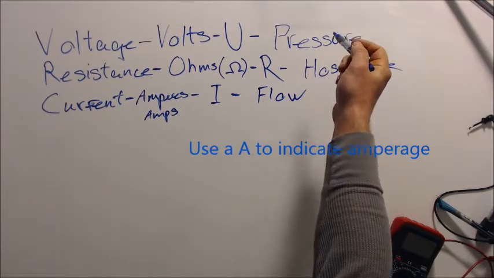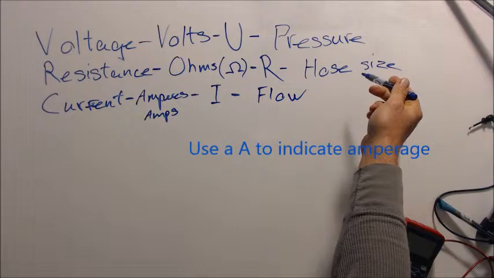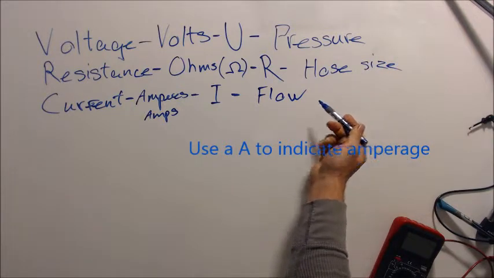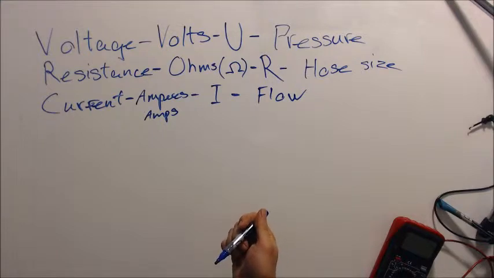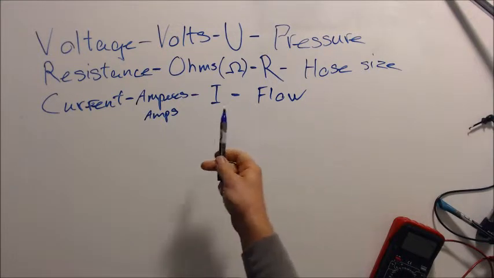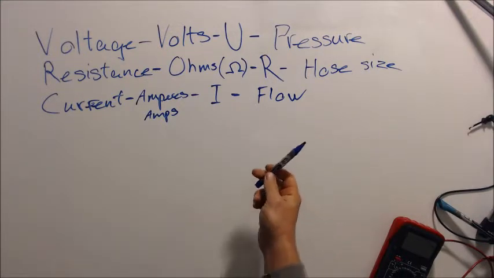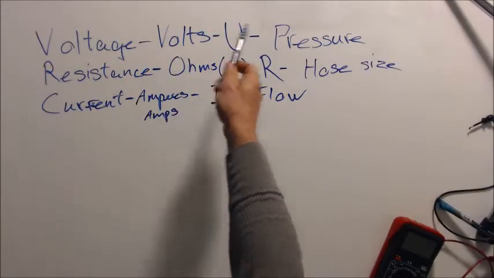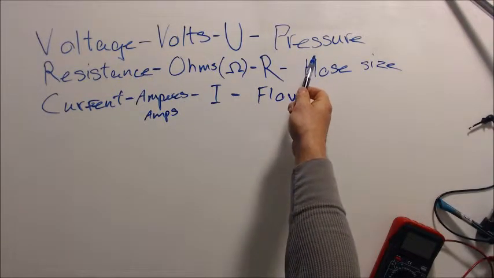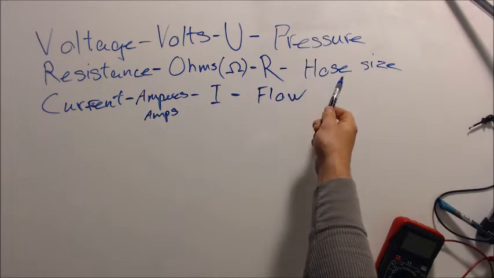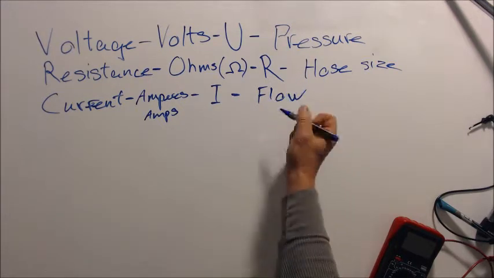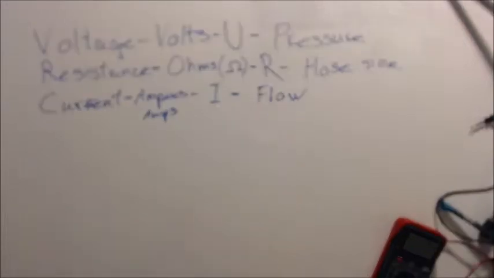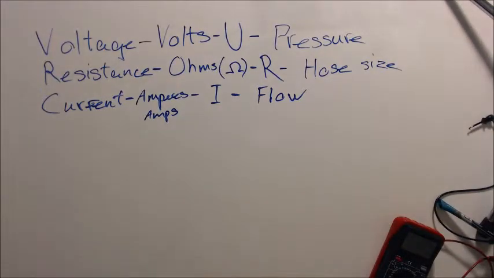So we've got pressure on a certain size hose. We're going to have how many electrons are going to flow through there. So if you increase your pressure on a certain size hose, you will also increase your flow. Let's look at how that mathematically looks.